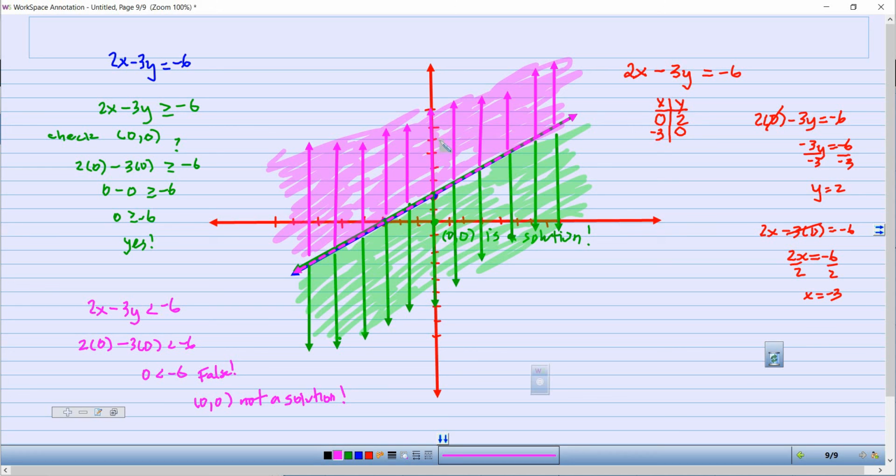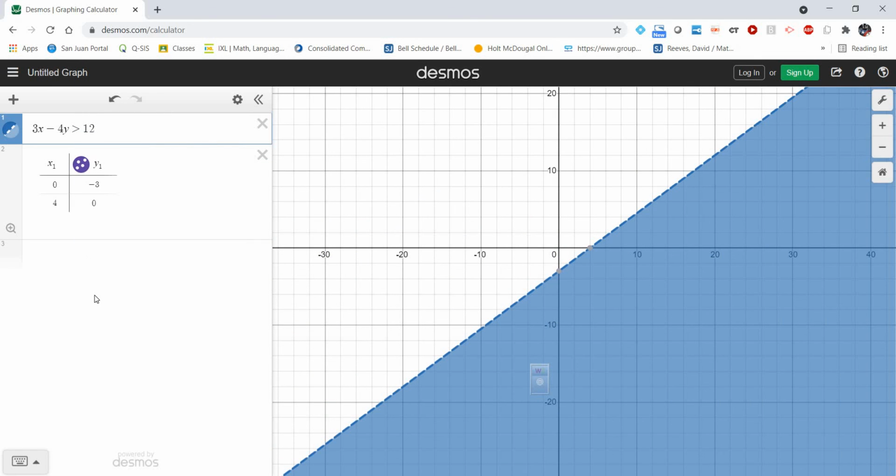So again, in the two examples we did, 0, 0 worked, so we shaded to include 0, 0. If you check 0, 0 and it doesn't work, then you shade to not include 0, 0. So if we had done the pink first and then the green, we'd get the same solution. We just would have been shading away from 0, 0 first, and then we would have been shading to include 0, 0 next.